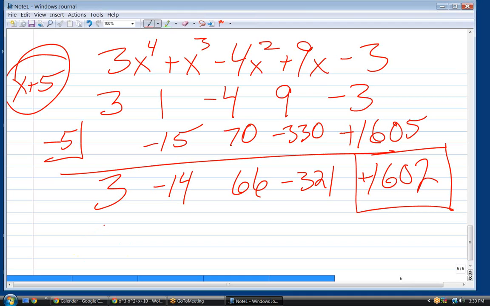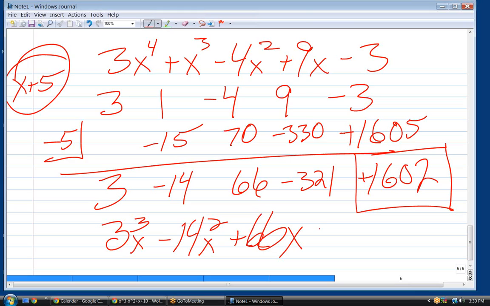The solution is 3x cubed minus 14x squared plus 66x minus 321 with a remainder of 1602 over x plus 5. Right. That's your summary statement. All right.